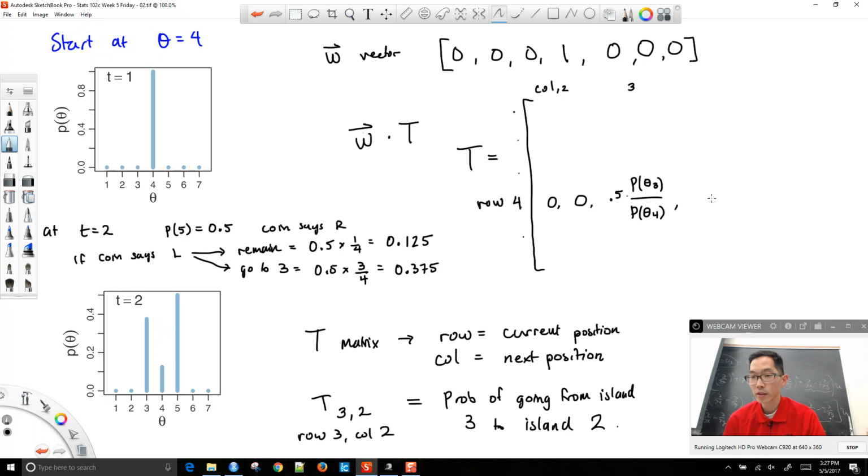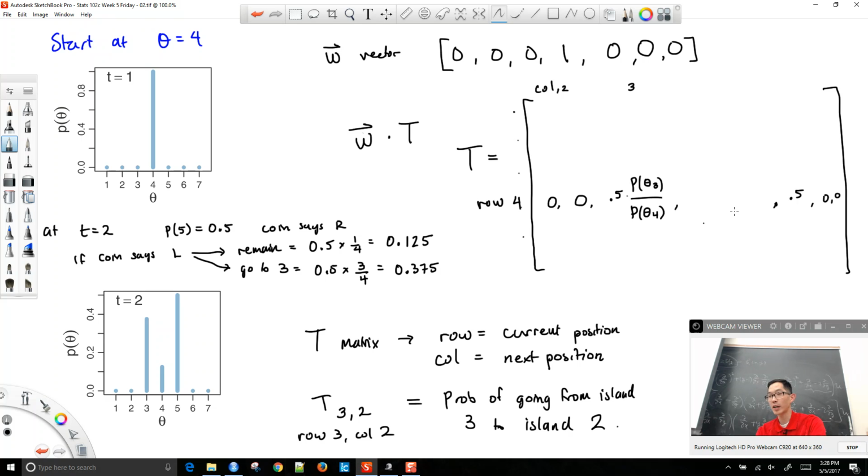And then, what is the probability I remain? Well, let's go to the island to the right. First it has to point to the right, probability of 0.5, and that's it actually, because if it points to island 5, I'm going to go there.